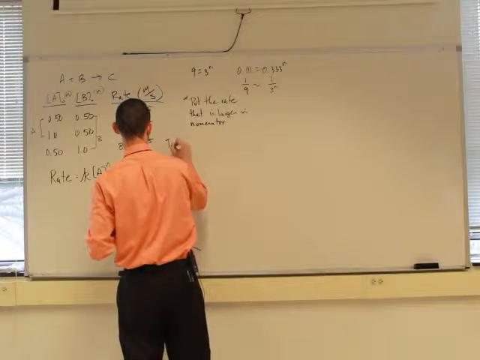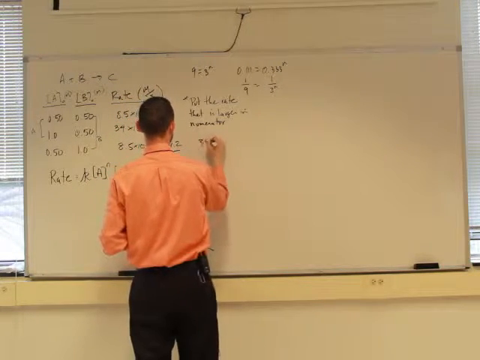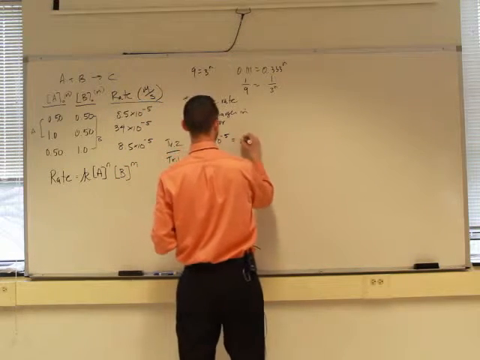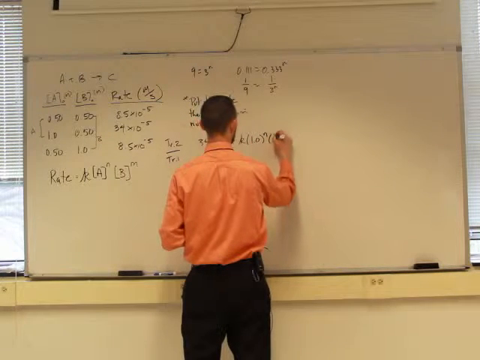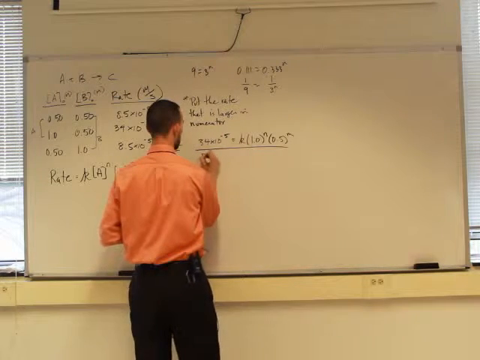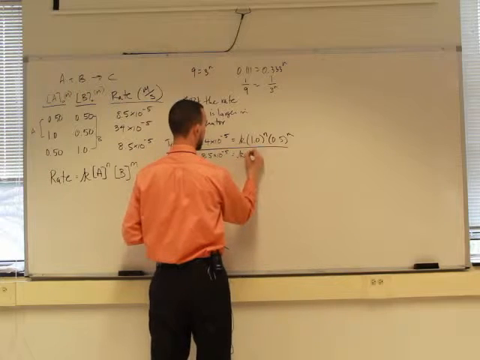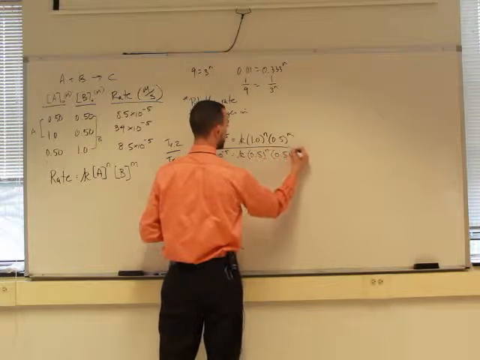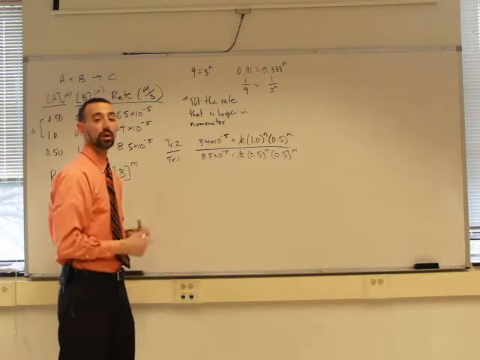So I'm going to do trial 2 divided by trial 1 this time. Trial 2 is 34 times 10 to the minus 5 equals K times 1 to the N and 0.5 to the M, divided by 8.5 times 10 to the minus 5 equals K, 0.5 to the N, 0.5 to the M. What drops out?